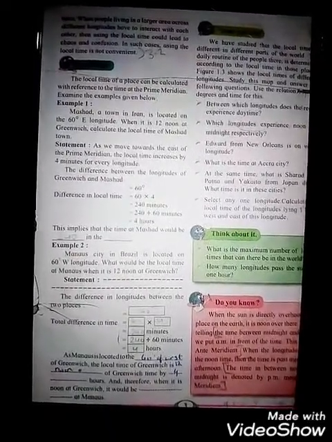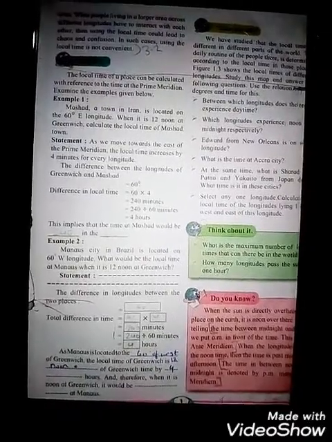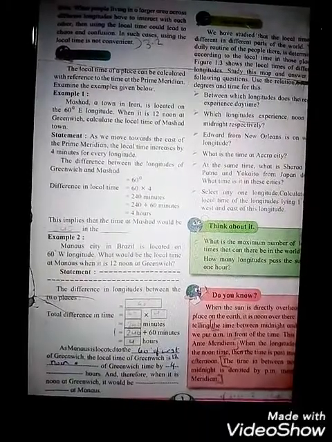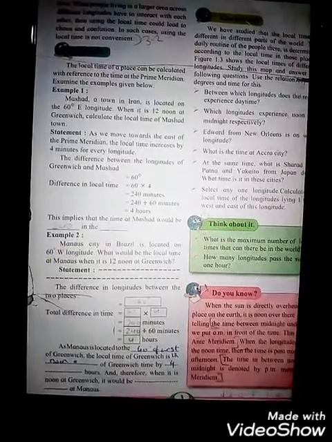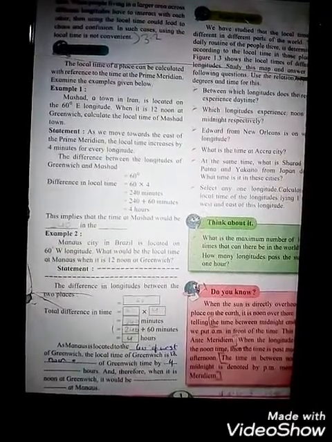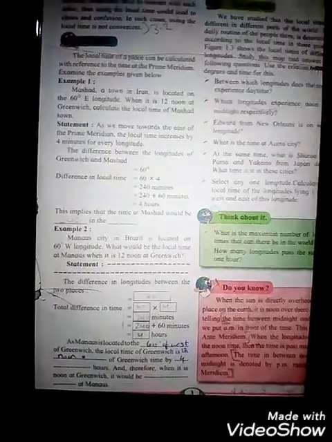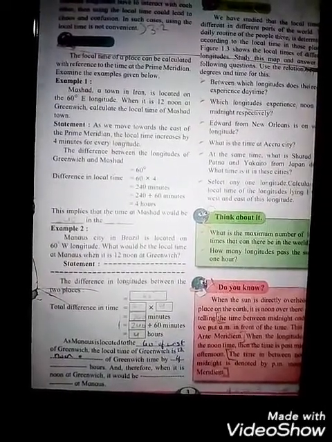Now what to do? The difference in longitude between the two places is 60 degrees. Total difference in time is 60 into 4, that is 240 minutes. Afterwards, 240 divided by 60 minutes equals 4 hours. As Manaus is located in the west, it is behind Greenwich local time.